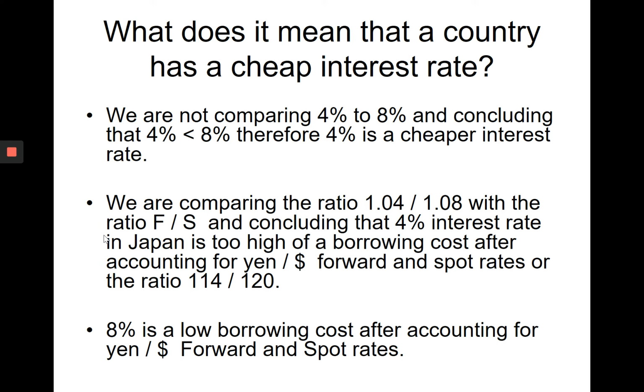We are comparing the ratio 1.04 divided by 1.08, the ratio of the two interest rates in the domestic and foreign country, with the ratio F divided by S, a ratio that tells us what would happen to the currency in the forward market in the future.